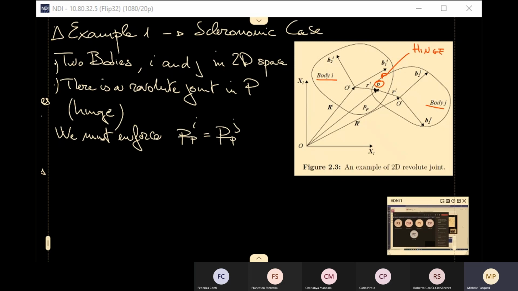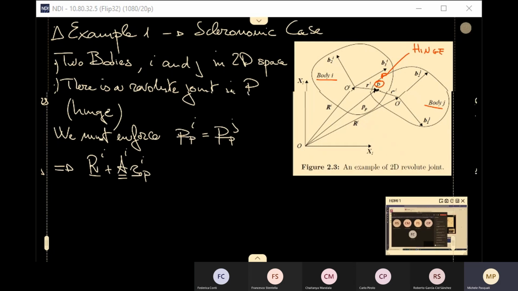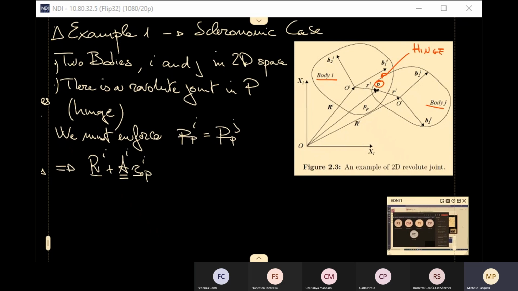So we know how to describe these two quantities here. And this means that Ri plus Ai applied over R0 I bar of the point P, and this is the description, the position of point P looked from the body I, must be equal to Rj plus Aj R0 j bar of P. Okay?